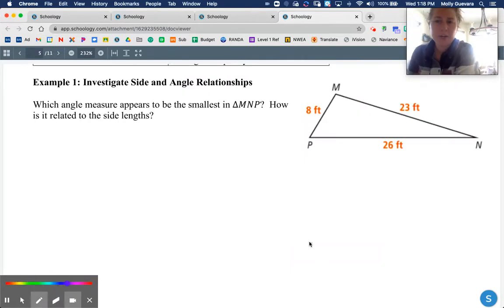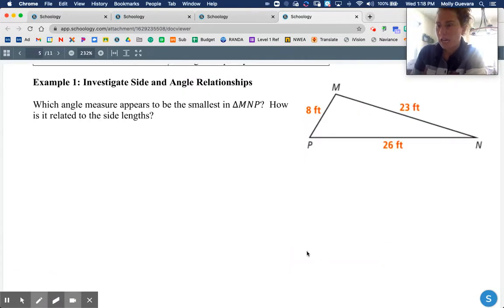All right, so here we are back in the notes in 5-4. Our first example says, which angle measure appears to be the smallest in this triangle MNP? So to me, as I look at my angles, angle N appears to be smallest. Remember that we always have to write it as 3 letters, right?